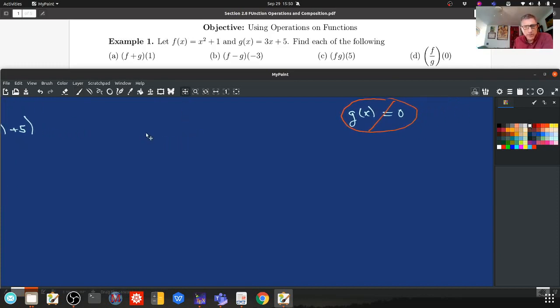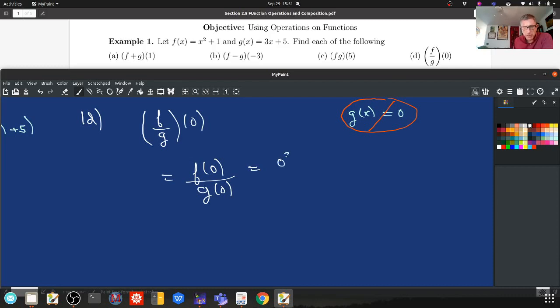So that said, let's do number D. So I have f divided by g of 0. Well, that's equal to f of 0 over g of 0. Now, looking at g, you already know that g of 0 is not 0, so we're good to go. So that's 0 squared plus 1 over 3 times 0 plus 5, and that's equal to 1/5.